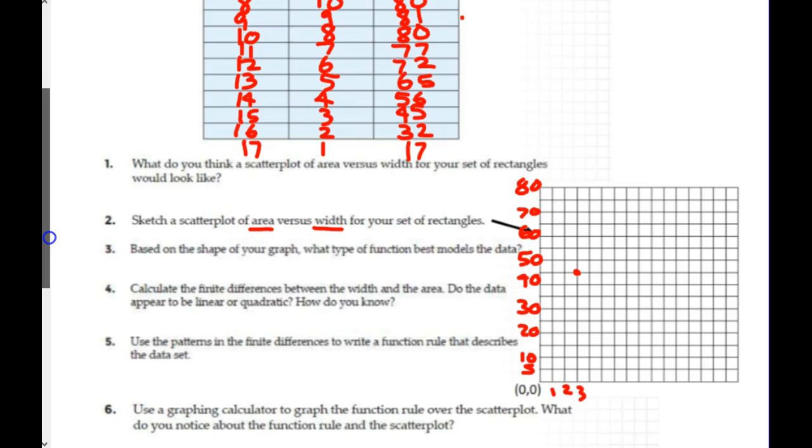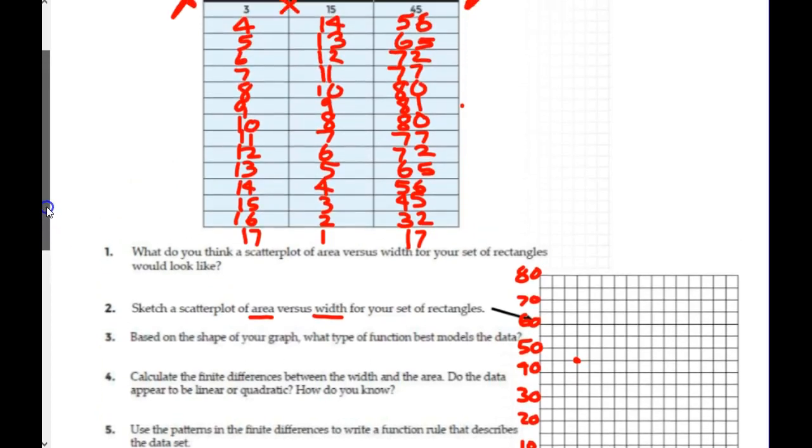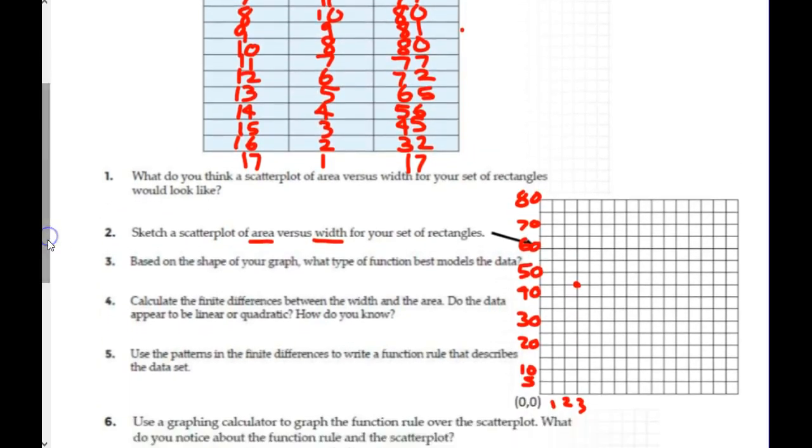Then 4 gives me 56. So at 4, I'm going to find 55 and go just a little bit above it. All right, and I want you to keep doing the scatter plot for me. If you have trouble plotting it, let me know.